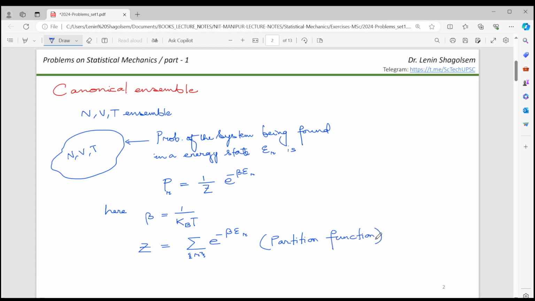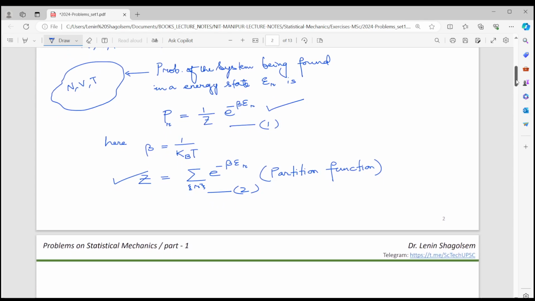So repeatedly we will be using this partition function and this probability. Let me put this as equation number 1 and this is equation number 2. As you may have noted, in this partition function, I have not put the question of degeneracy in energy states. So this equation number 2 can be modified in order to accommodate the degeneracy of the state as follows.